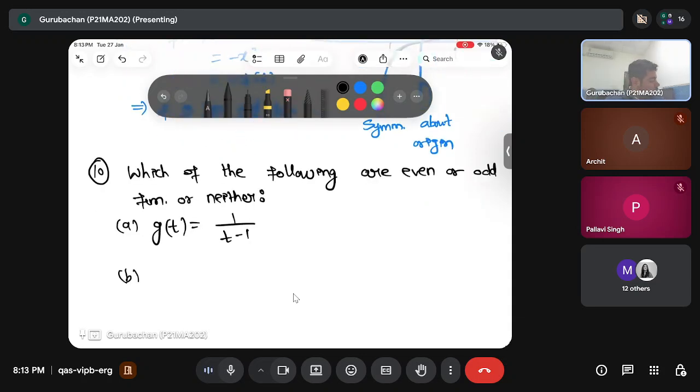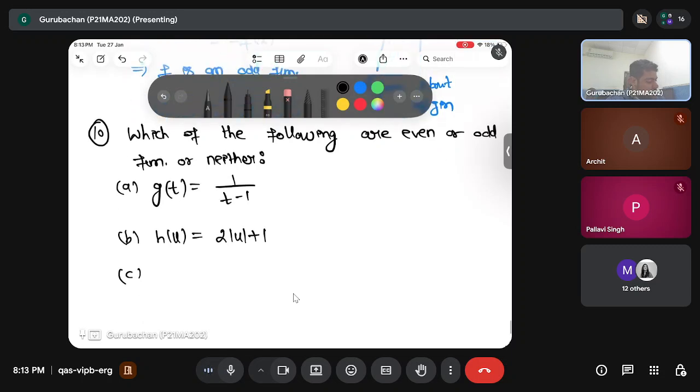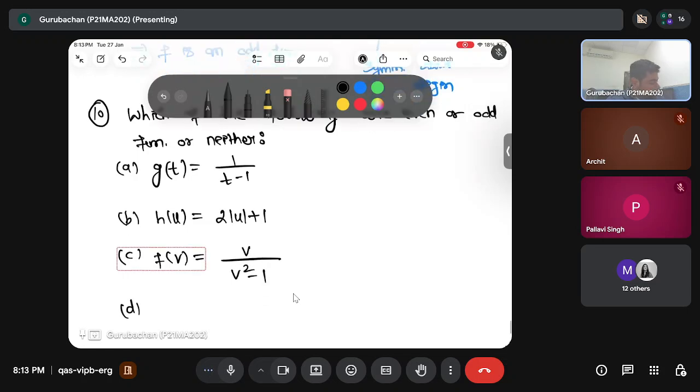So I'm giving you 4 functions. Quickly tell me out of these which are even, which are odd, and if you need explanation then also let me know, because it is not that much tough. Come on, tell me quickly.